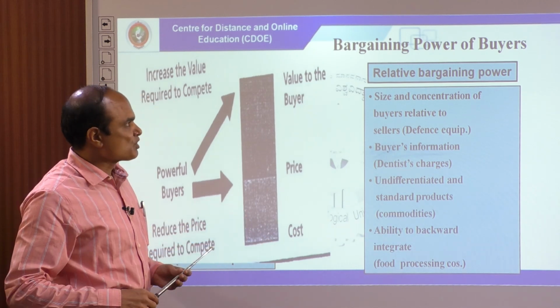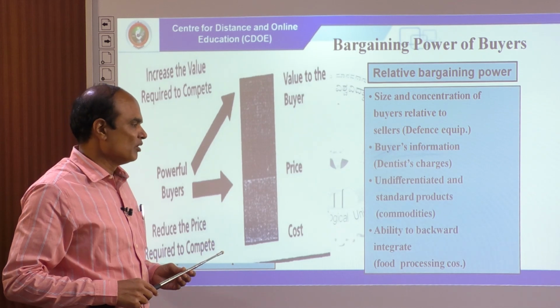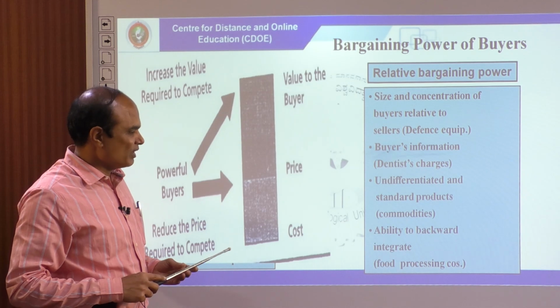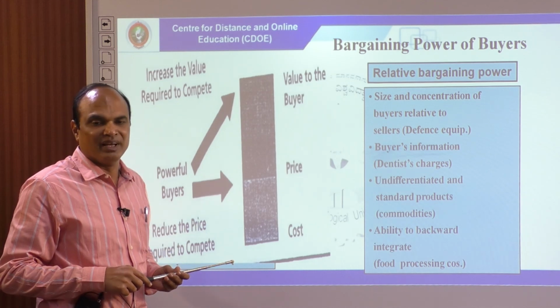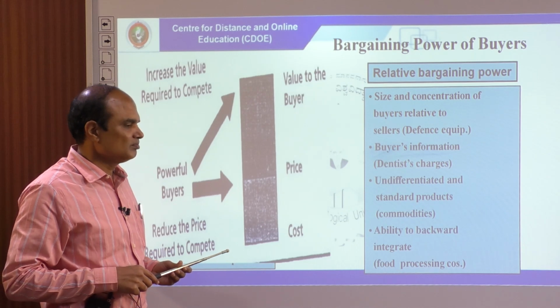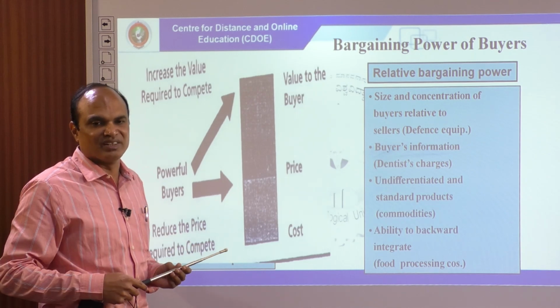Then the last point here is ability to backward integrate. So, food processing companies always threaten the sellers of fruits, like the farmers and all.